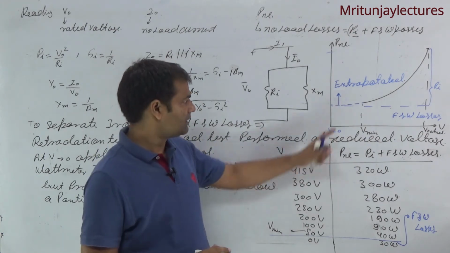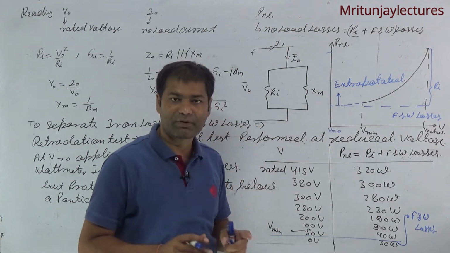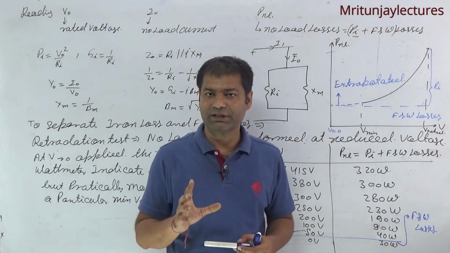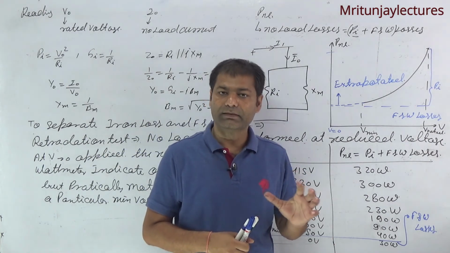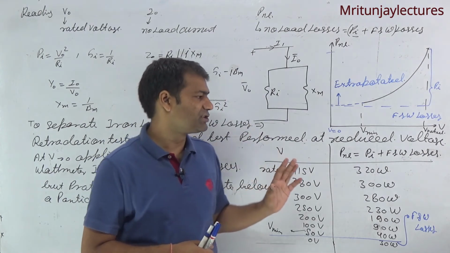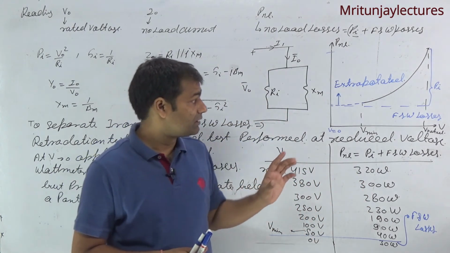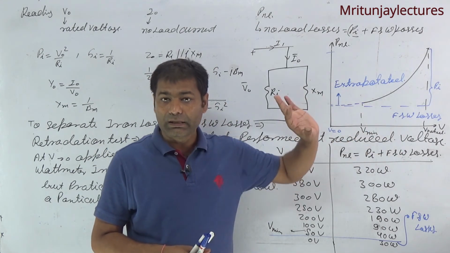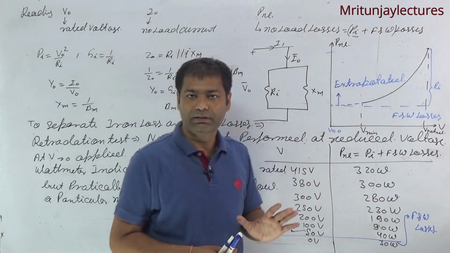Clear? With the help of extrapolation, we get friction and windage loss. So if you want Pi, then from the extrapolated graph, no load loss minus friction and windage loss gives Pi.